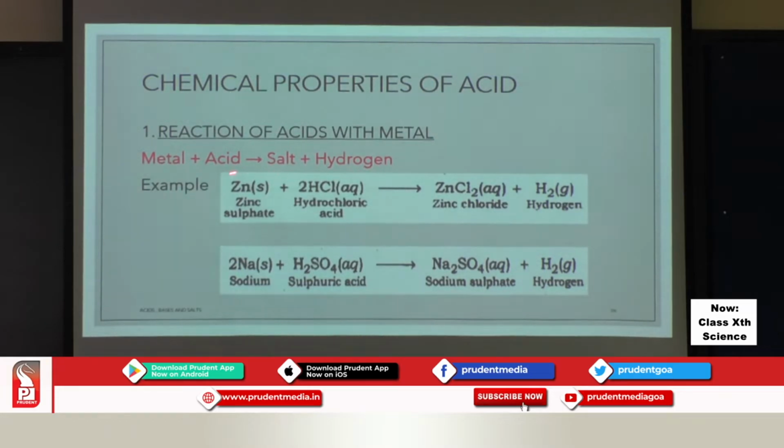So, you see over here zinc. Now, zinc, when it reacts with hydrochloric acid, it results in the formation of a salt, that is zinc chloride, and hydrogen gas is evolved in the reaction.